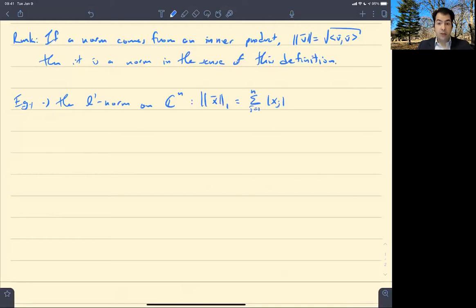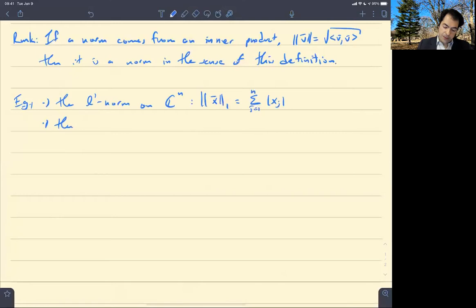That's a very good measure of the size of the vector. Previously, we've talked about the little L2 norm. You can imagine that for the little Lp norm, you would put a pth power here and a pth power for each of these. And that also will give you a norm.